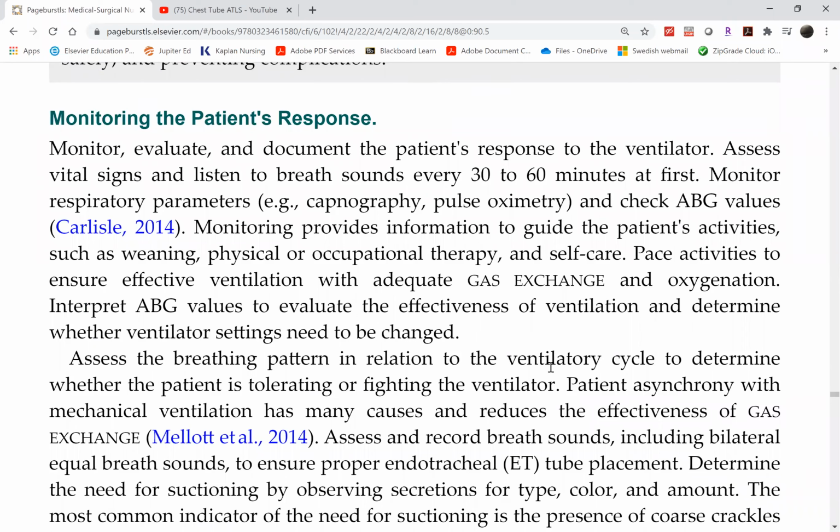Monitoring patients' response. As mentioned earlier, this will include listening to patients' lung sounds and doing your ABG draws. It is a nursing responsibility because these sick patients will have an arterial line. So there's really no need to call a respiratory therapist to do an arterial stick. You can draw your arterial blood straight from your arterial line.